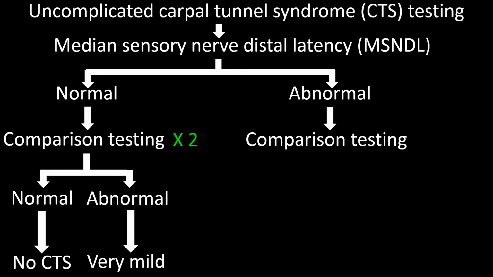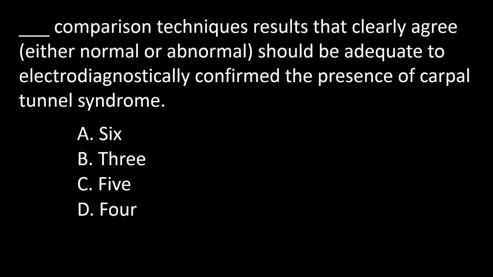In either case, many neurologists believe that whether the first comparison test is normal or abnormal, it is appropriate to do a second comparison test to further substantiate the conclusion supported by the initial two tests previously done. So the answer to this question is A.